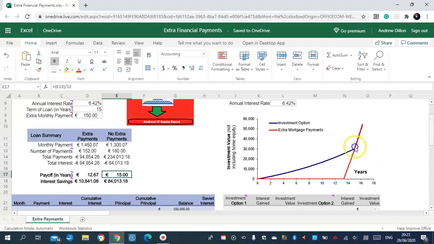Okay, so now the extra money has indeed appeared in the graph. So that's good news.